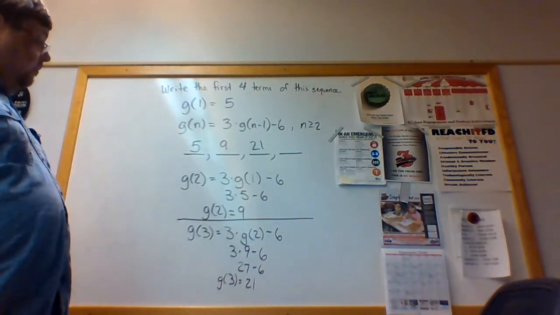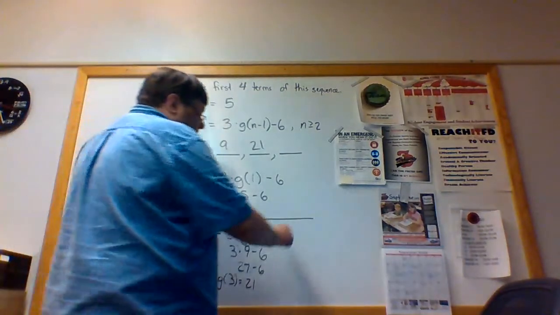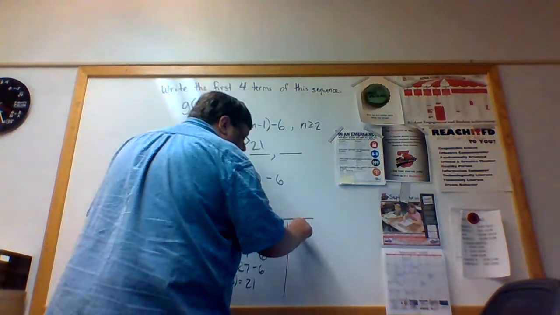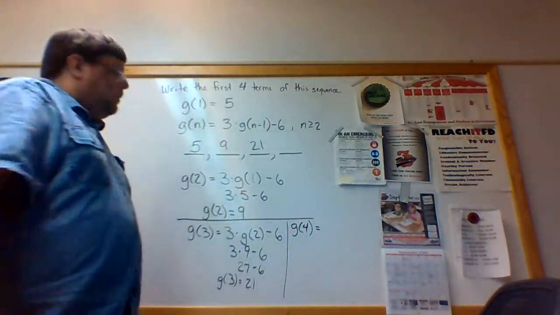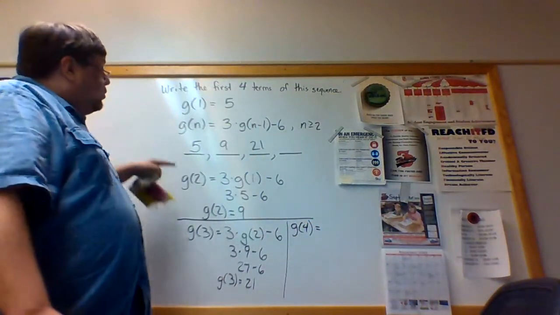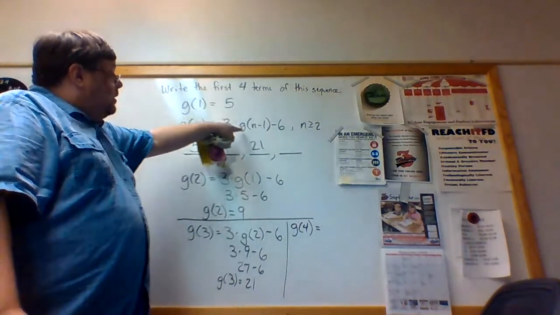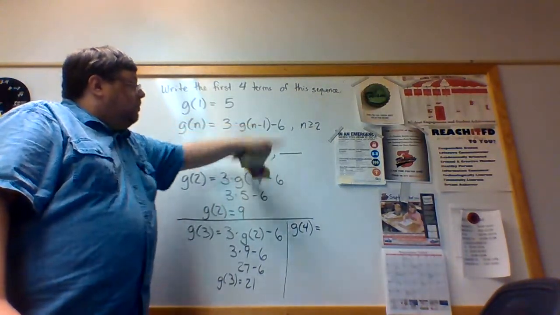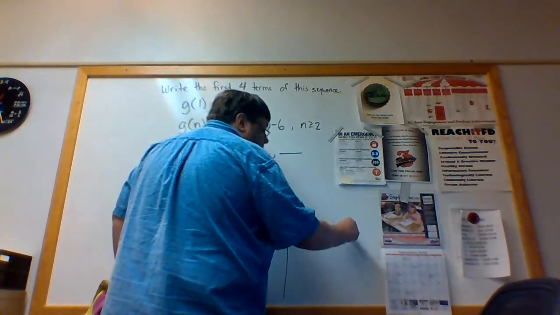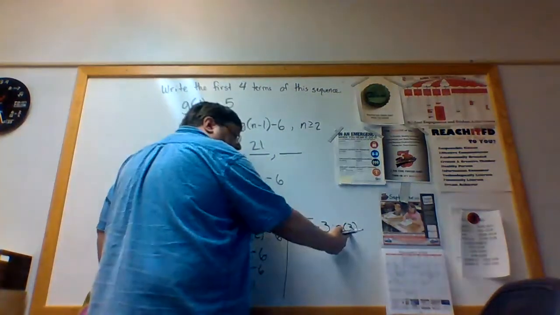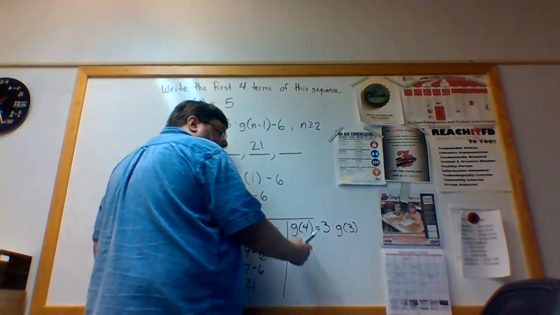G of 4 then, try to squeeze that in over here, running out of space a little bit. To get the fourth term, it's going to be 3 times the third term minus 6. 3 times g of 3, the previous term to the one that we're looking for.